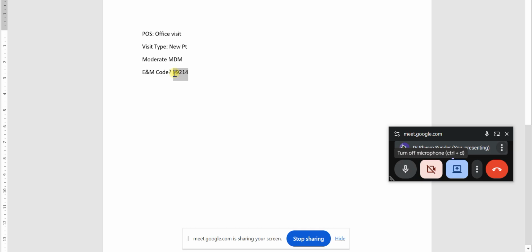That is non-negotiable. But if you are in the same category and you assign 99202, that's okay, because two of the three, place of service and visit type, are right. The moderate MDM is a slight error. That's negotiable. There is room for education.